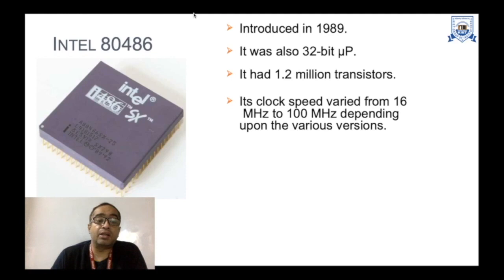Then in 89, Intel introduced the 80486. Again, it was a 32-bit microprocessor with 1.2 million transistors, and its clock speed varied from 16 megahertz to 100 megahertz, depending upon the version.